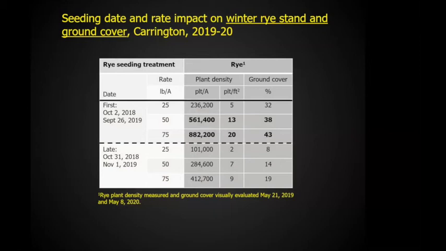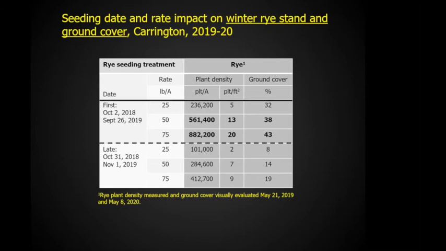Yes, they are later than probably typical, but certainly there are years where we're not able to plant a cover crop until later in the fall, and certainly with rye, we have flexibility. So we wanted to push the date to see what the outcome would be, because this happens. People are forced to plant very late. It happened this past fall because of dry soil moisture conditions, where people waited and waited for moisture to occur so they could get the winter rye to germinate.